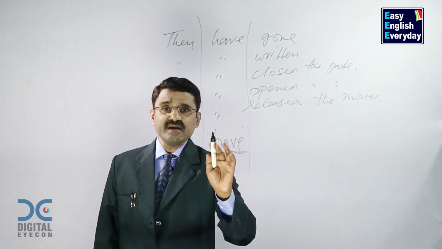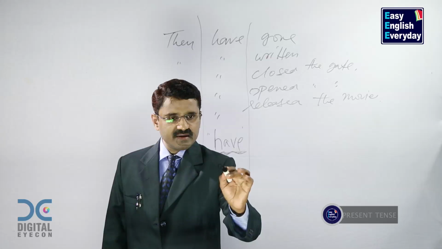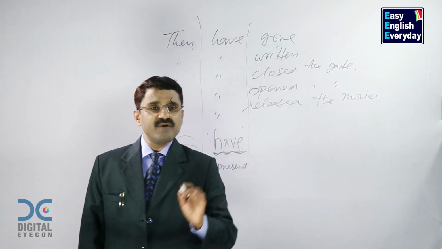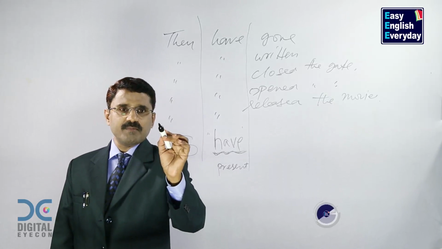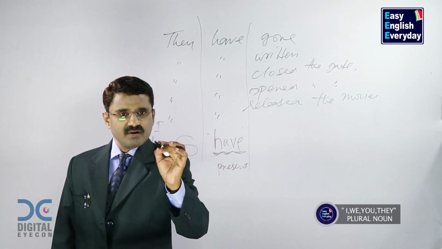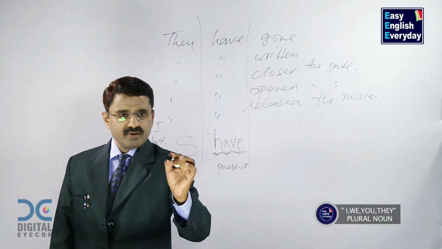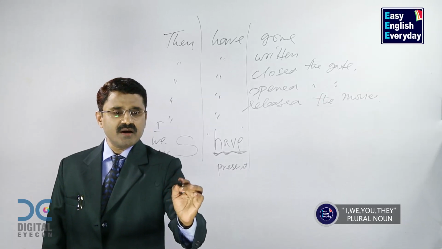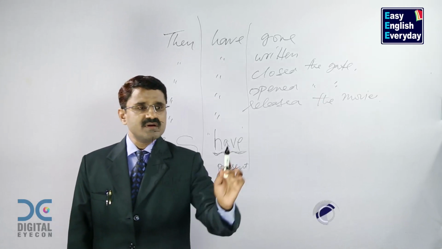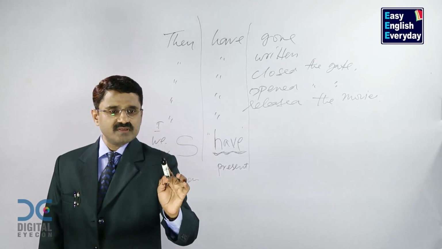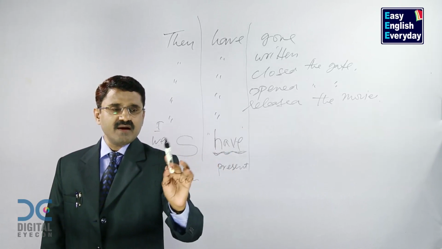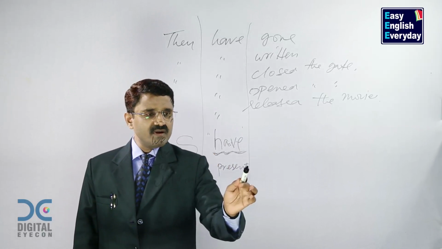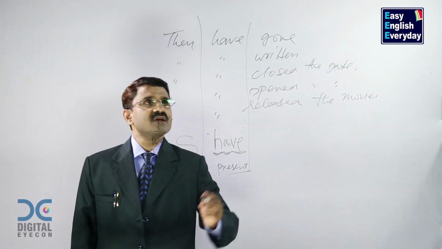He indicates present tense, and he makes friendship with 5 people. Who are those 5 people? I have, we have, you have, they have, any plural noun, children have. So he likes to go with these 5 people, and it is used for present tense.